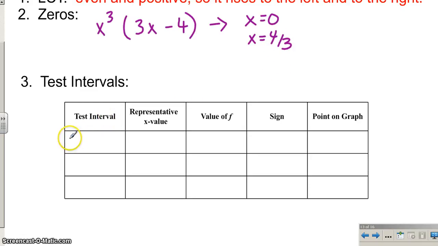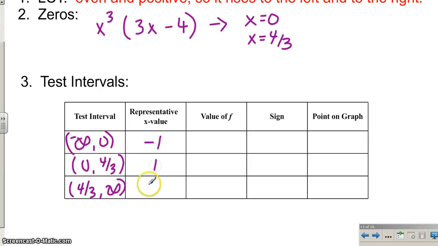So the intervals I'm going to test are negative infinity to 0, then 0 to 4/3, and then 4/3 to positive infinity. And I want to pick a value that is somewhere within those intervals. So I'm going to choose -1, 1, and 1.5, just because they are pretty easy to work with.